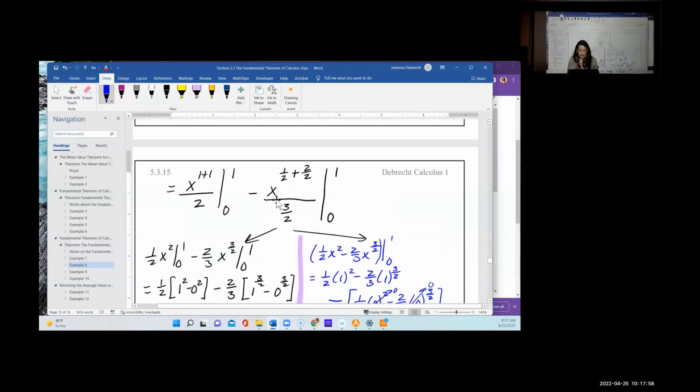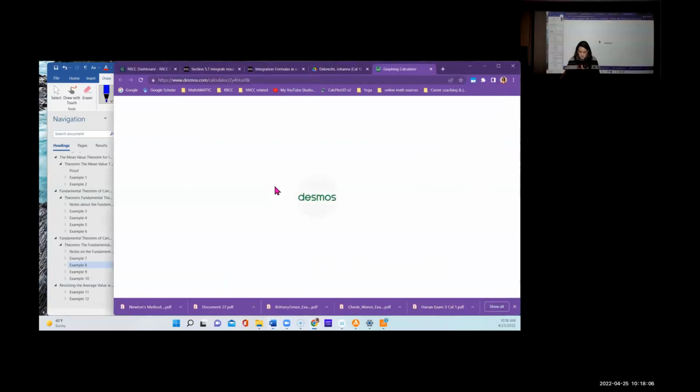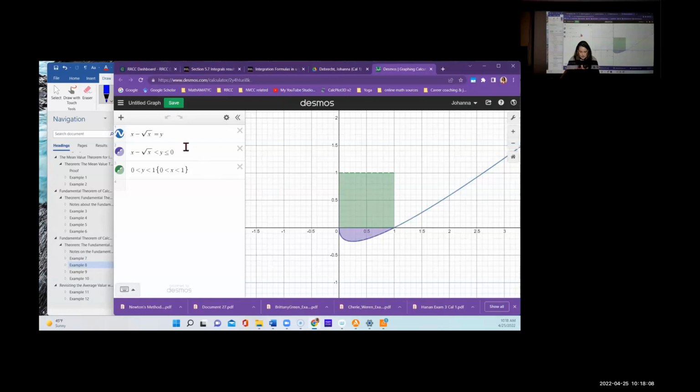Now, what is it that we're actually finding? Let's take a look at this link that's here and remind you of what it is that we're actually getting. The actual function is x minus the square root of x, which you can see here in blue. It starts out almost like a hook near the origin, goes below the x-axis and then comes up above the x-axis.